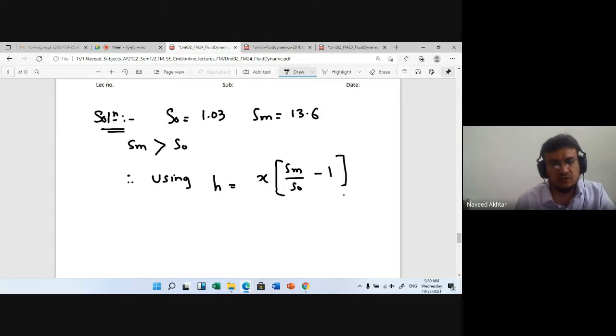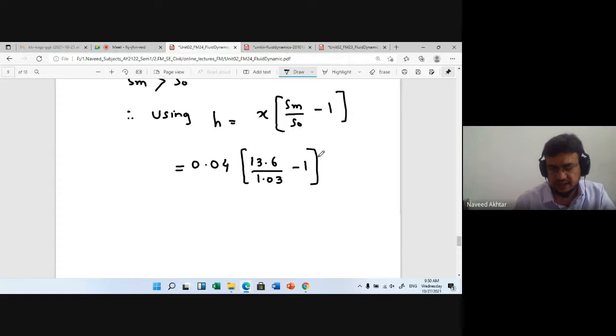We know X is 0.04 meter, SM is 13.6, SO is 1.03 minus 1. So 13.6 divided by 1.03 is 12.20, minus 1, and 12.20 into 0.04 is 0.488 meters.